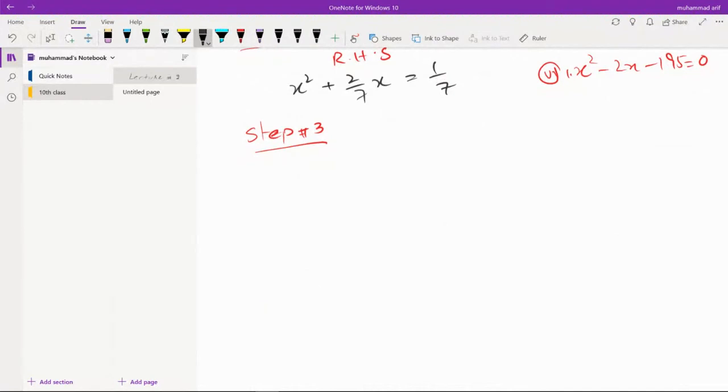What do we have to do? For completing the square, we add the coefficient of x divided by 2, whole square, on both sides.